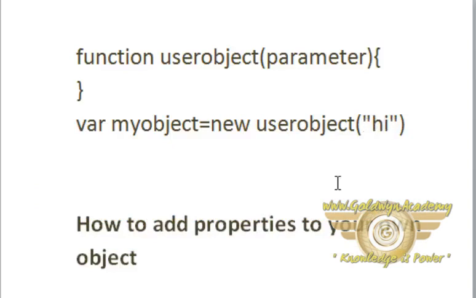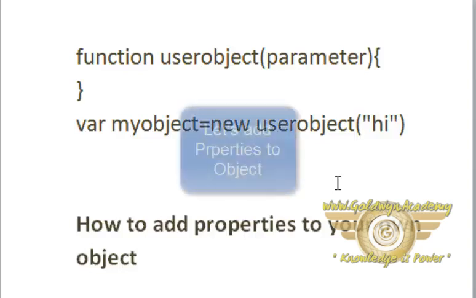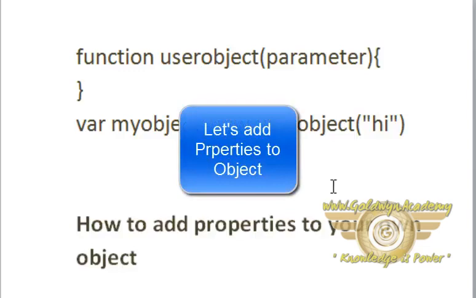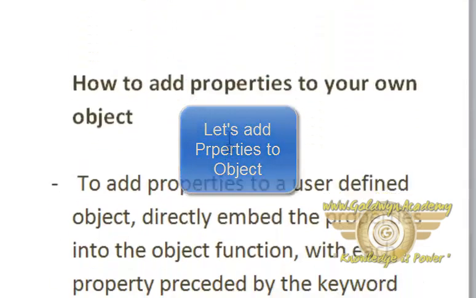So far we have declared and instantiated our object, but our object cannot do anything else. If we want to do some tasks through our object, we should add some properties and methods to the object. So now, how to add properties to your own object?